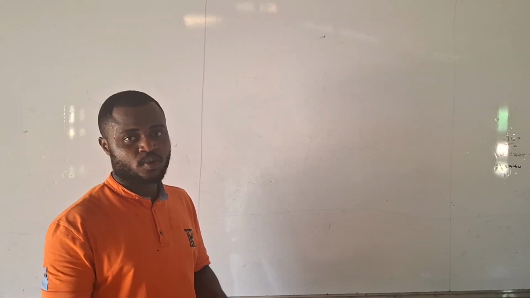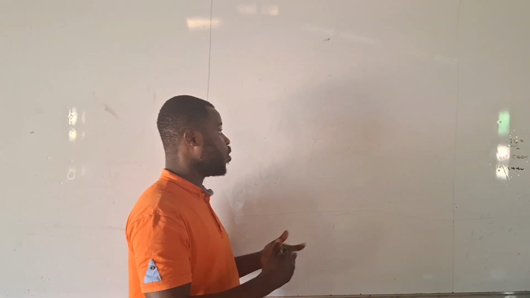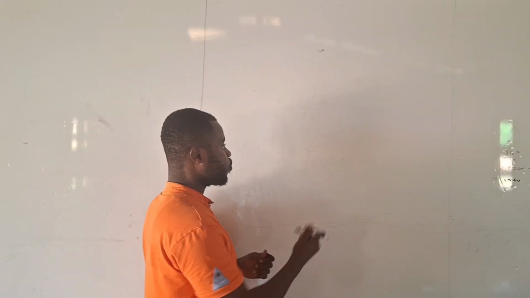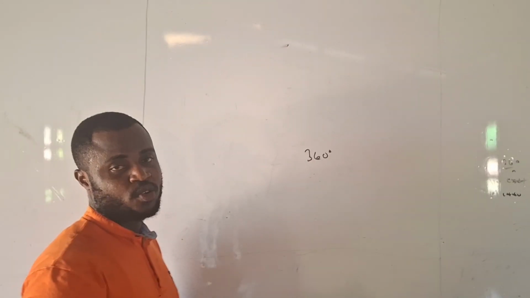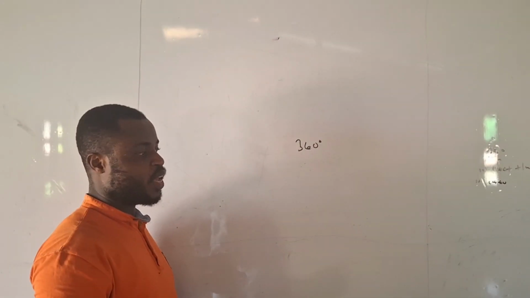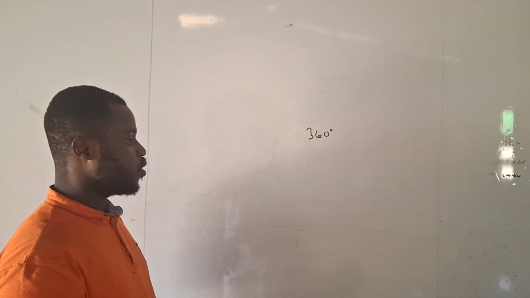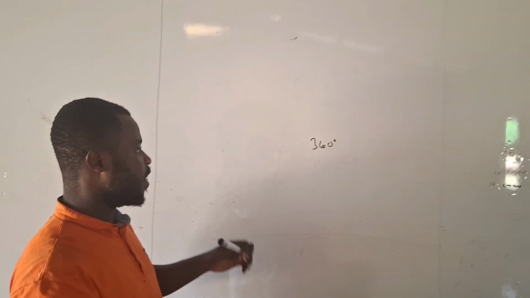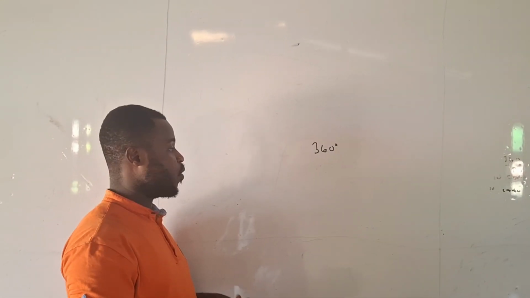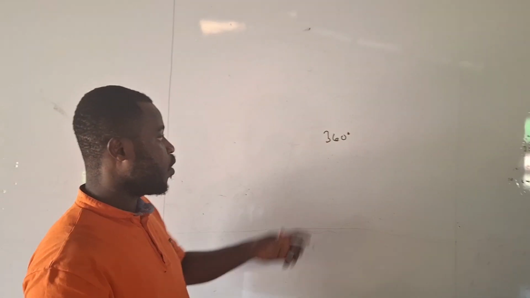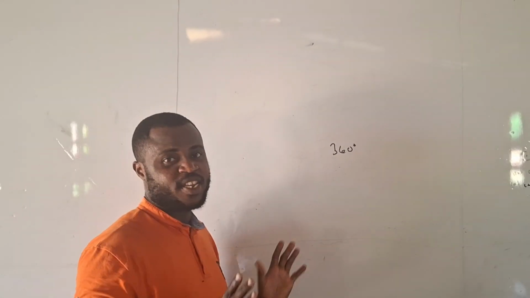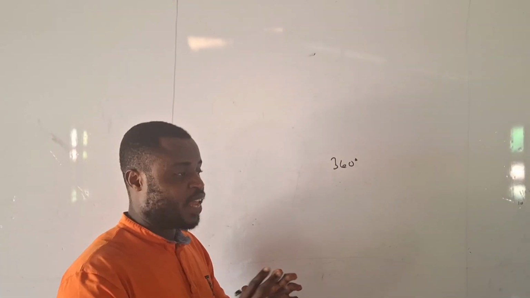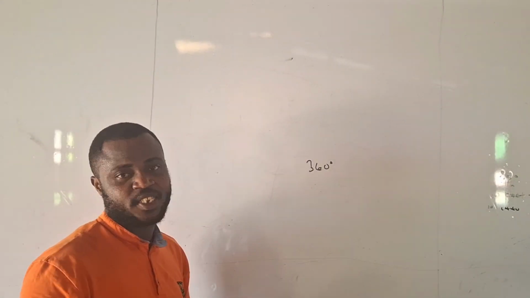So how do you find the exterior angle of a polygon? The exterior angles of a polygon add up to 360 degrees. So when they ask you to find the exterior angle of a regular polygon, as I said, the exterior angles add up to 360. If the question is silent, finding the exterior angle is like finding each interior angle.